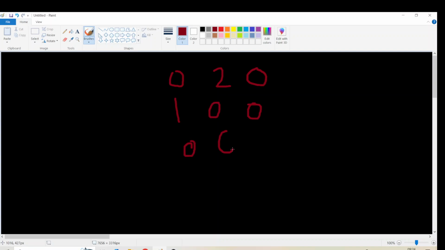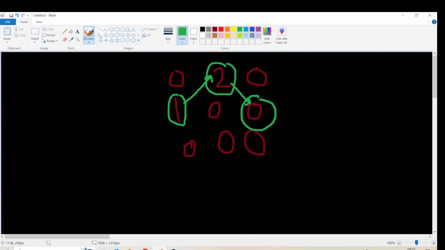So a diagonal segment can start with 1. Let's say the diagonal segment starts with this one. So this goes to 2, and then this goes to 0. The segment can take at most one 90-degree turn. So it has taken a 90-degree turn here, and the length of the segment is 3. So the answer of this will be 3.